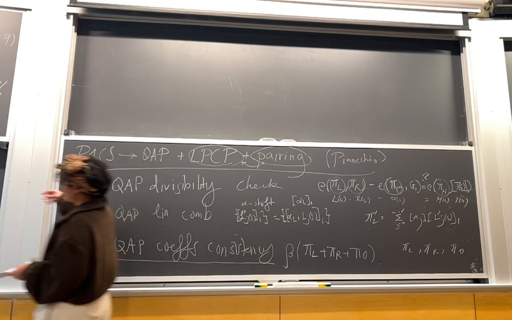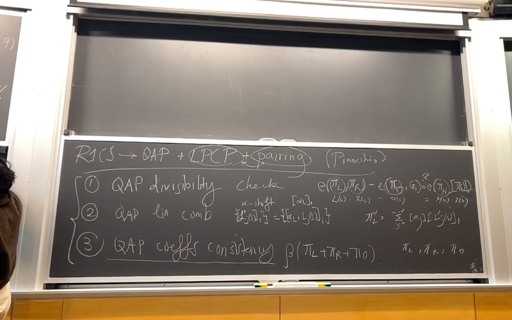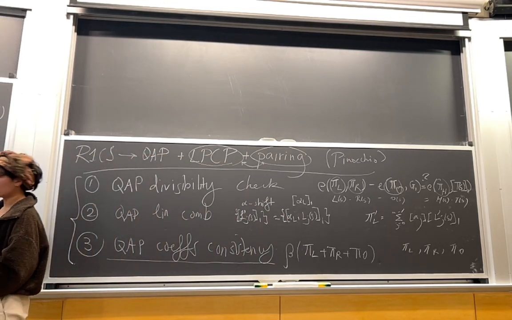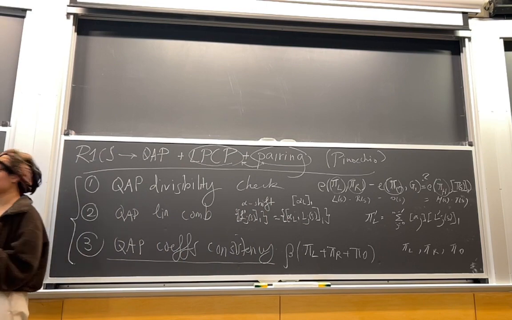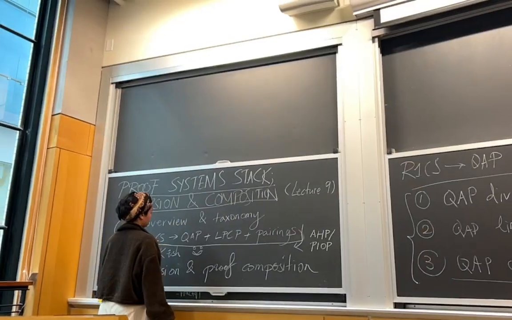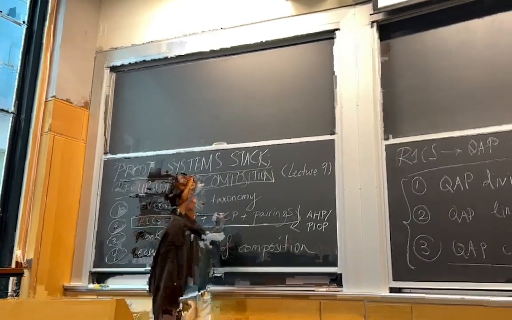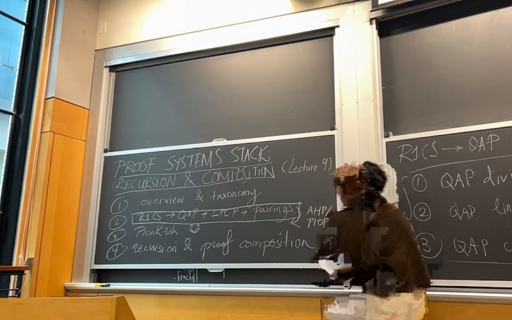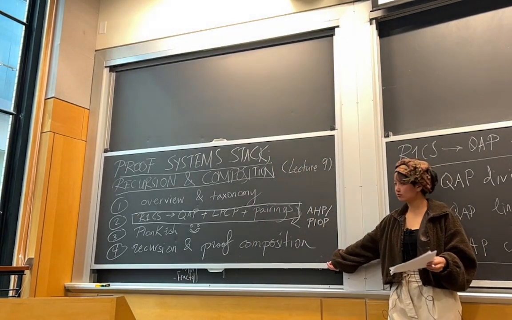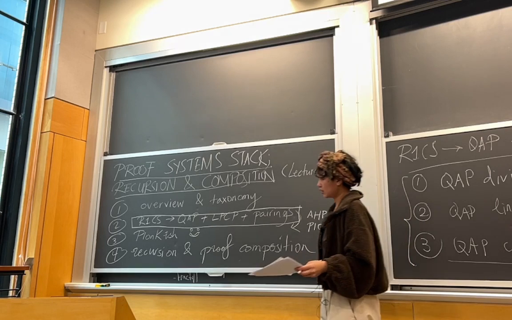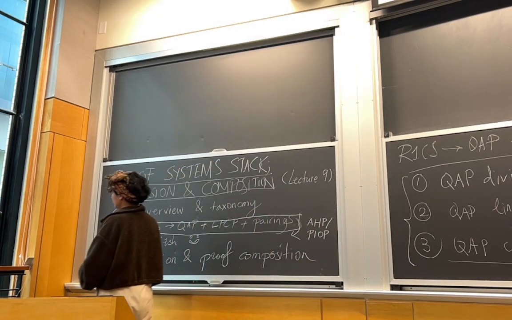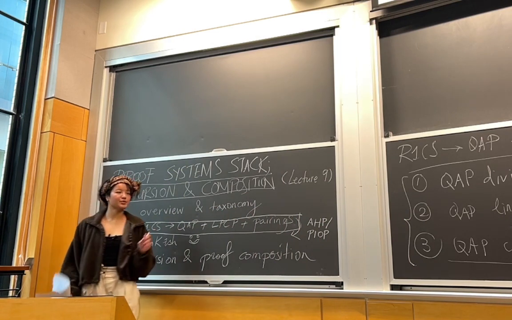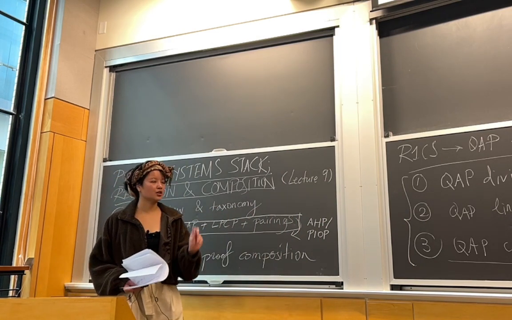So what we've done so far is we've gone through Pinocchio. And I've actually presented Pinocchio without zero-knowledgeness. This is just Pinocchio used for succinctness. Basically, you can see that the circuit-specific information is encoded in your SRS.